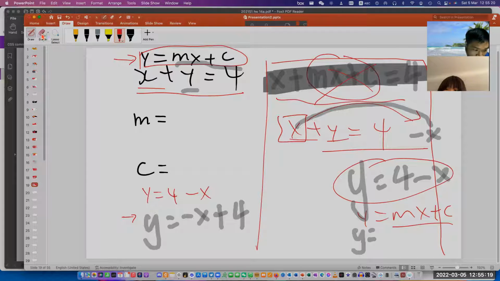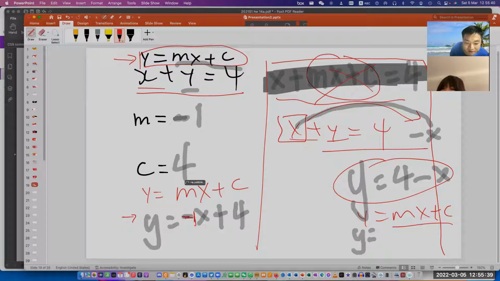M is... minus? Just minus? What is this? Minus means what? Minus 1. Yes, when you have a minus. Correct.